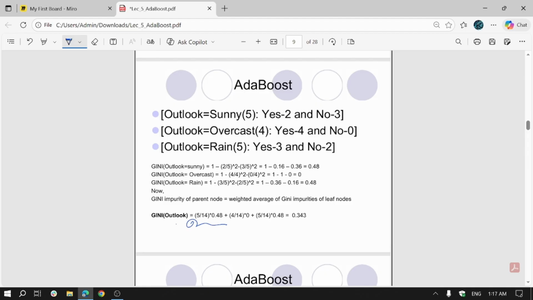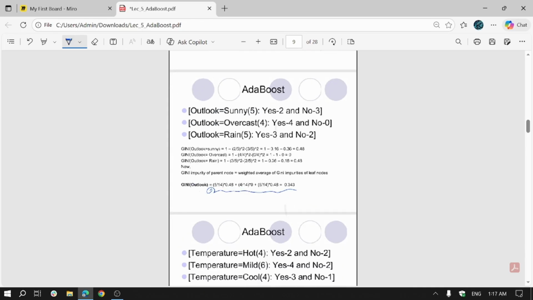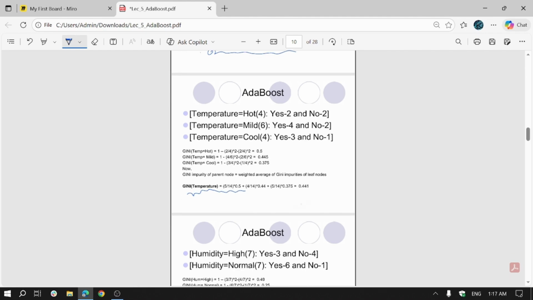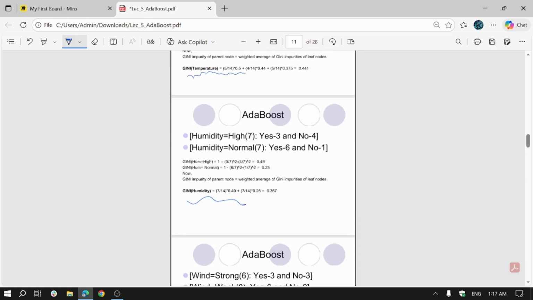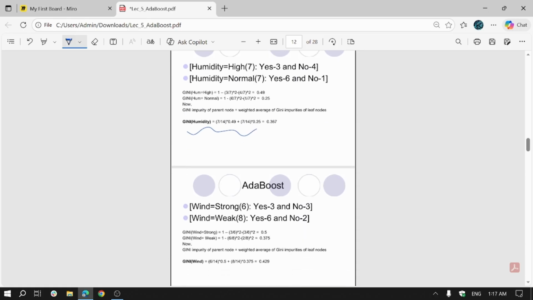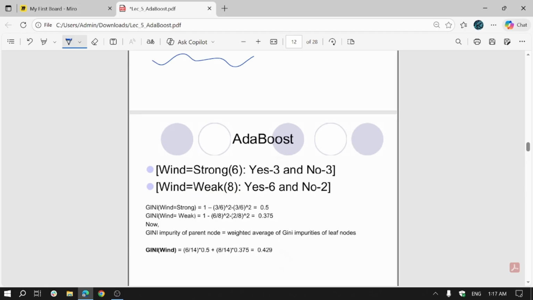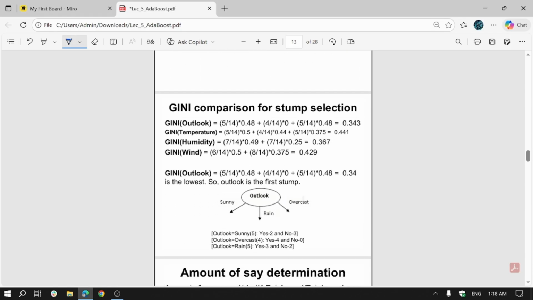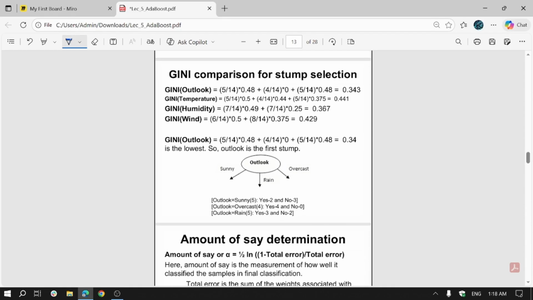Then in the same way they found the Gini impurity of temperature and then humidity. Then they took the lowest Gini impurity as the root node, so they found that outlook is the root node.